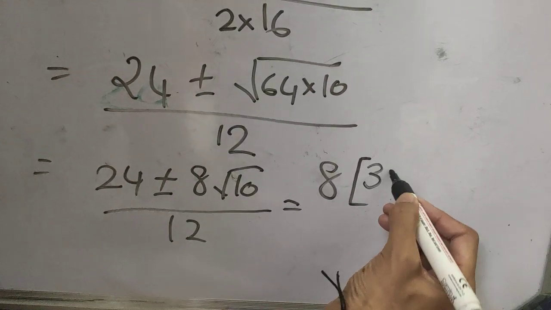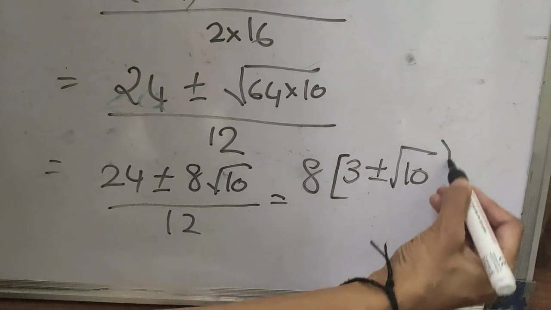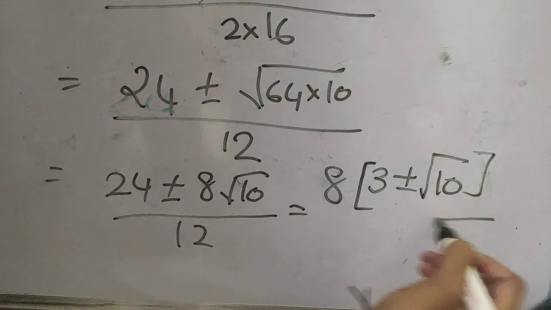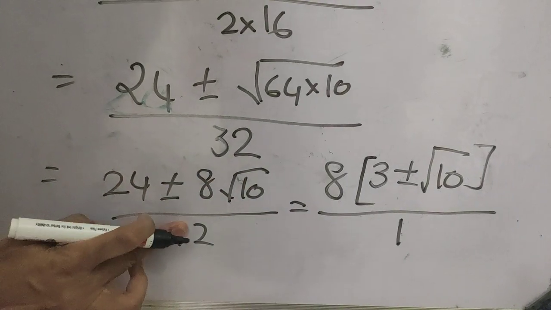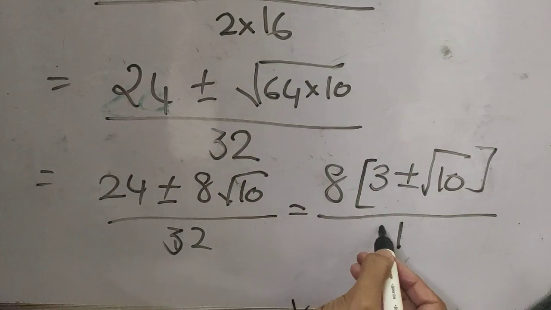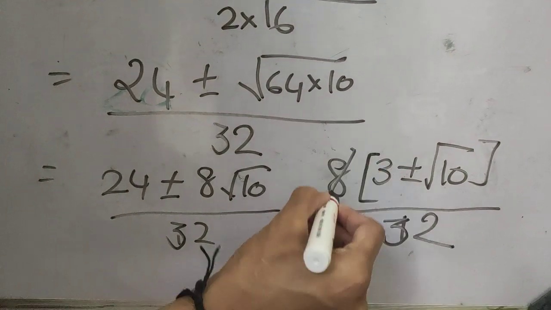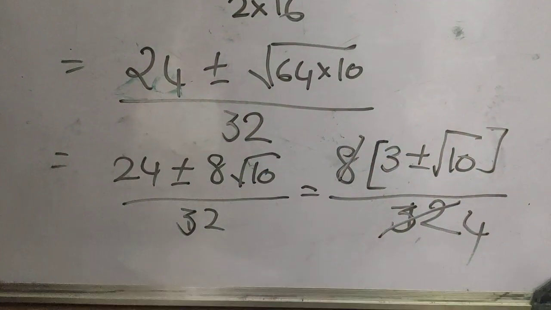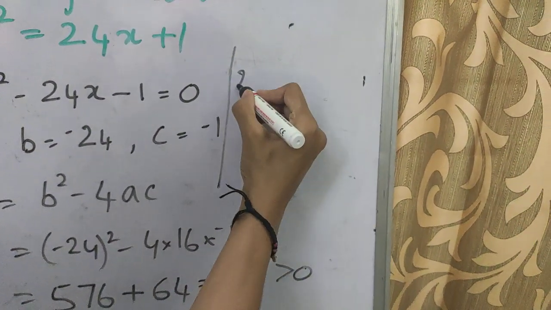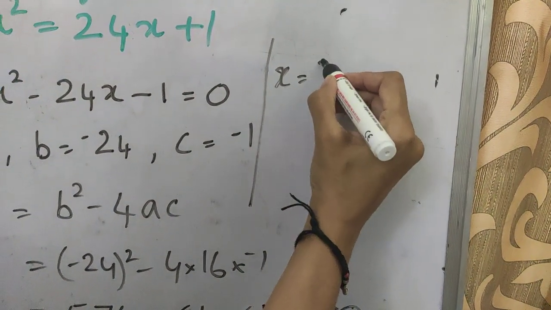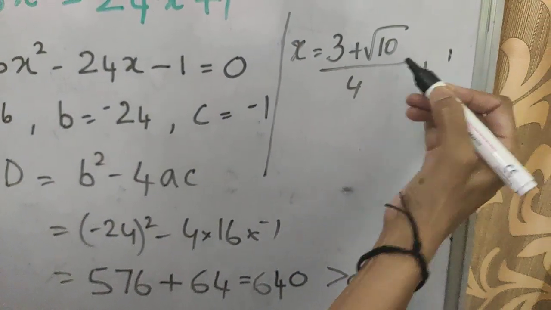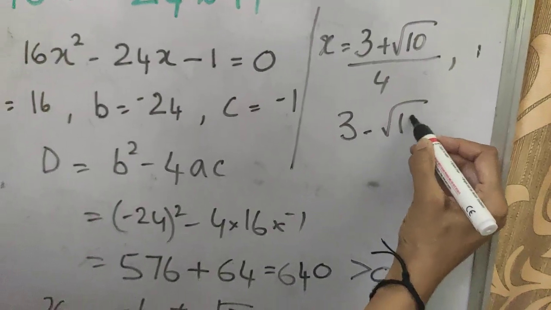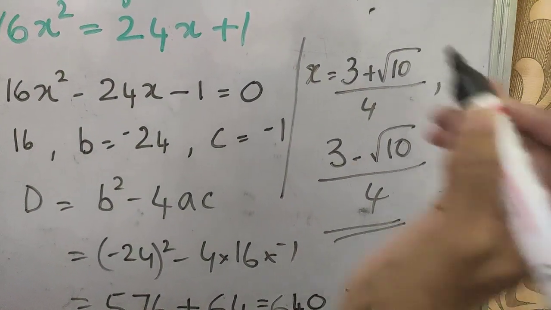So, you get 3 plus or minus root 10 by 4. So, what are the values? One value of x is 3 plus root 10 by 4. Another value is 3 minus root 10 by 4. These are the roots.